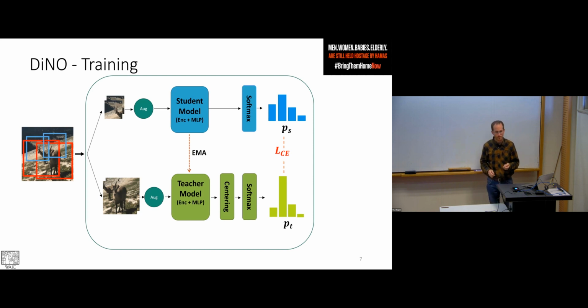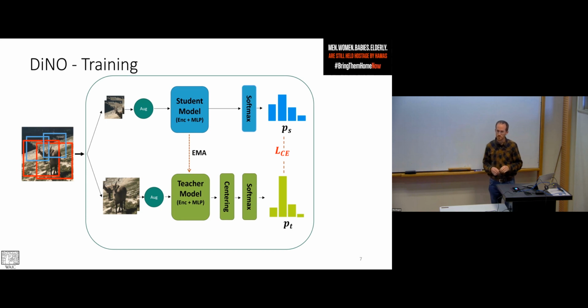Okay? So basically, the student only looks at small crops of the image, and it needs to predict some label that the teacher assigned to this image. But the teacher sees the bigger picture. So basically, it needs to fit object parts to objects.